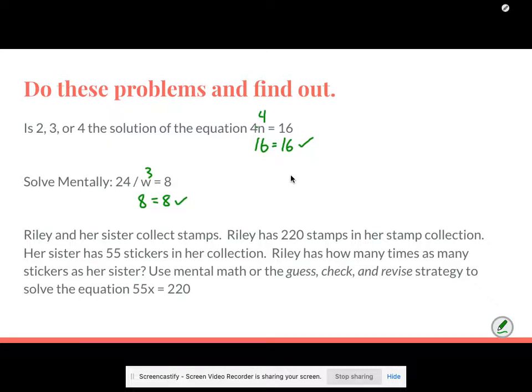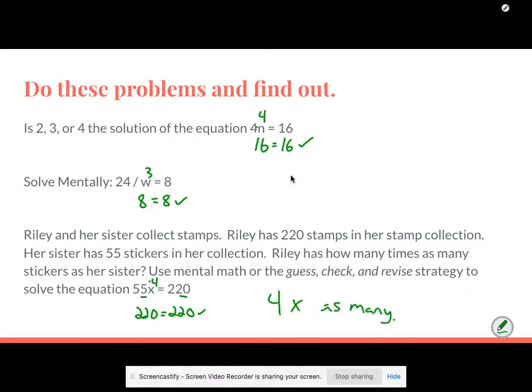I'm just going to look at this 5 and 20 and think, well, 4. So then 55 times 4 is 220. So 4 times as many.